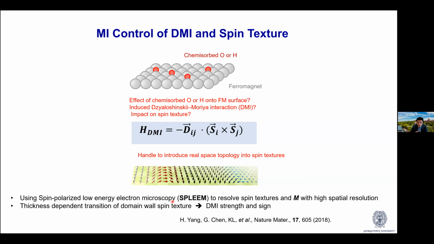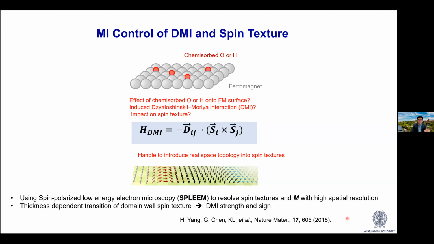It uses a spin-dependent electron reflectivity to give the magnetic contrast, and it can image spin texture with very high spatial resolution, approaching 10 nanometers. It can also resolve the magnetization vector, so we can directly visualize how the spins are configured in real space. Some of the previous work is discussed in this paper.